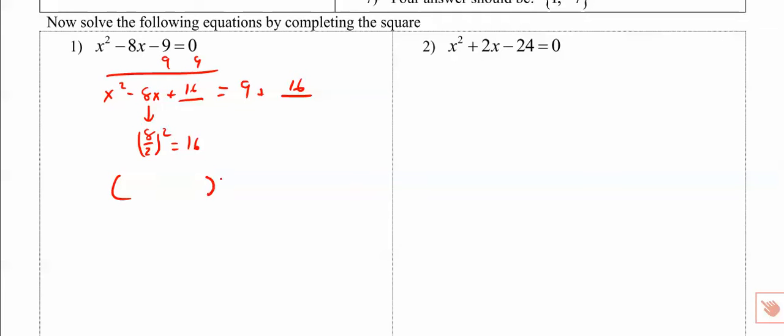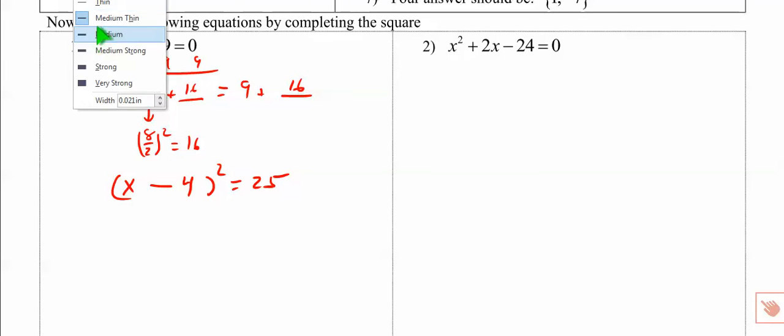We then factor this, and the square root of 16 is 4. So we have a 4 here because it's a perfect square trinomial. And because this is negative, we have to have, whoops, lost my pen. We have to have a minus there.